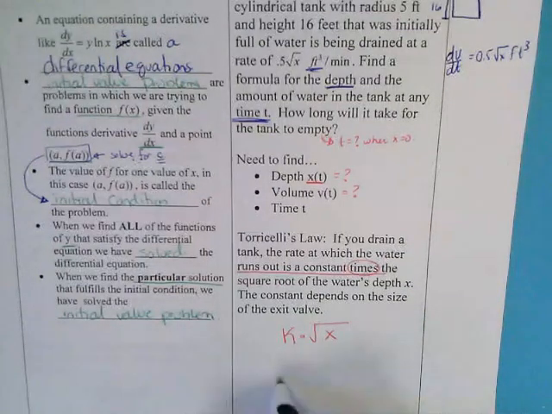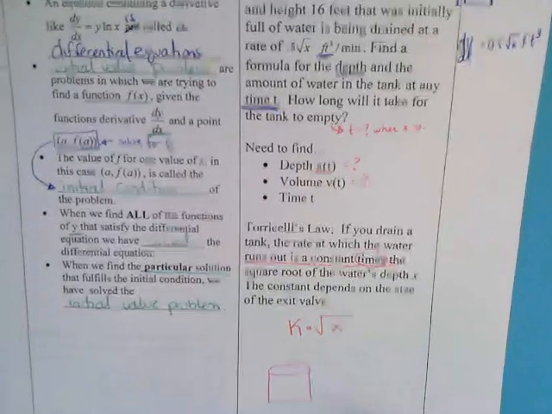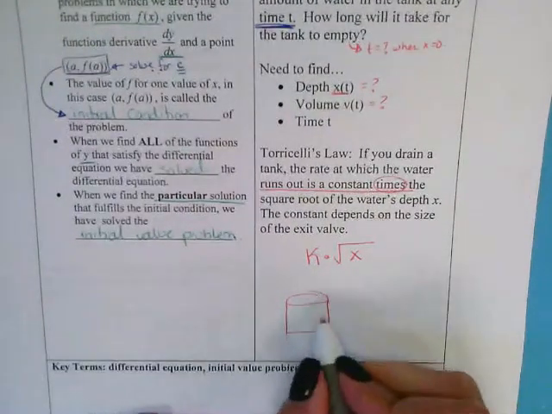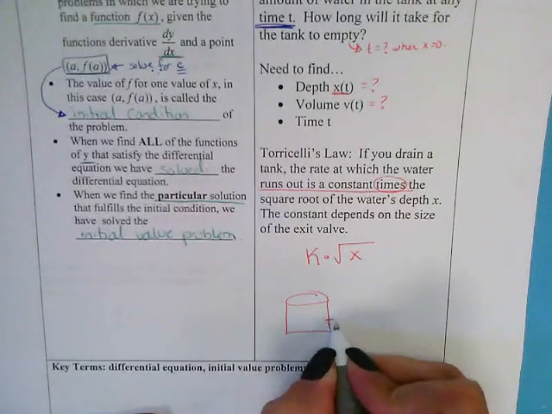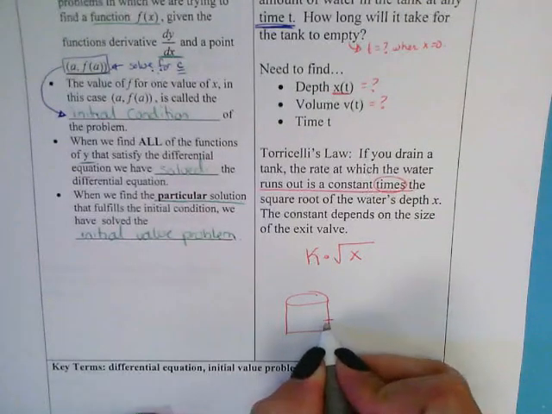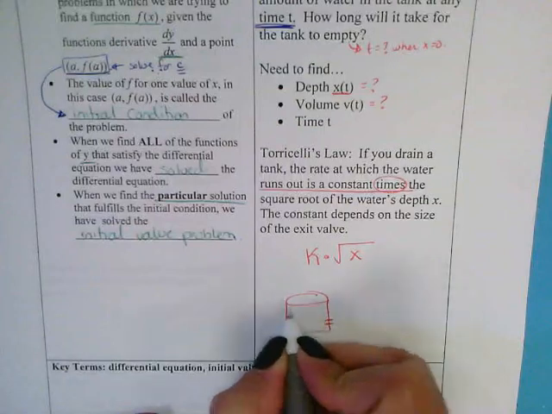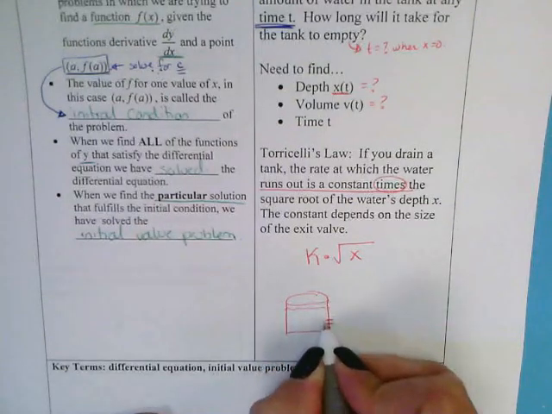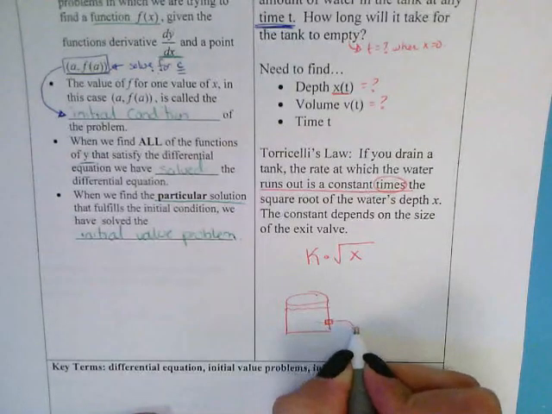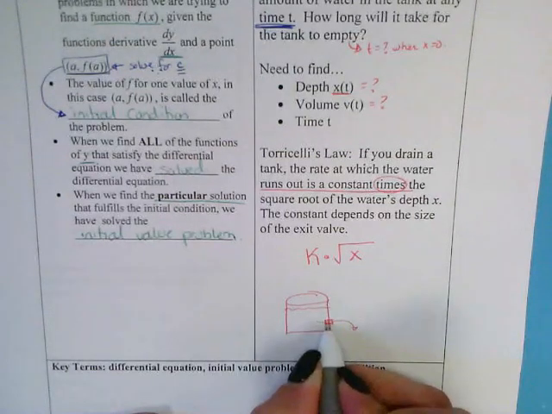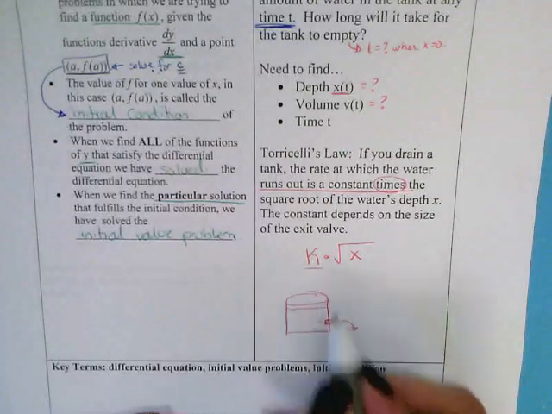This is how you have to think about it. If you have your right circular cylinder tank, this is what they mean. If you have water in here, and here is your exit valve, then the size of this will determine our constant.